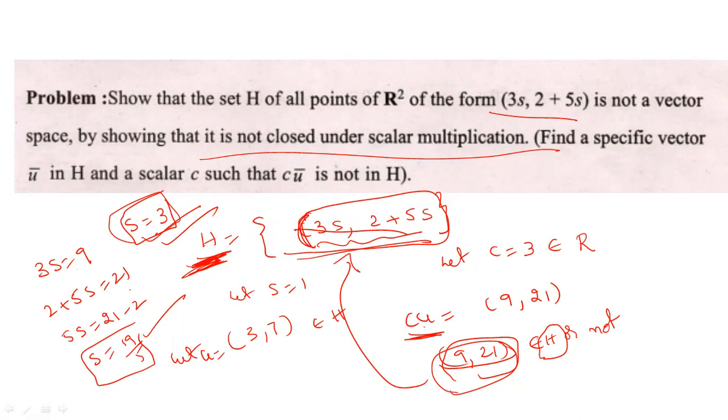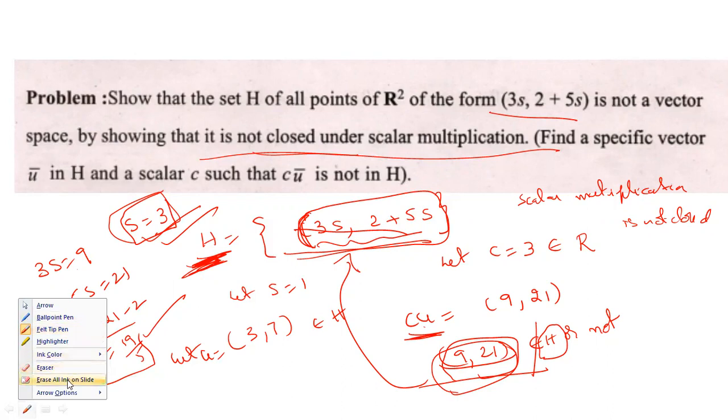So this is not possible, and (9, 21) does not belong to H. This means scalar multiplication is not closed. Therefore, H is not a vector space. A vector space means the scalar multiplication should be closed. If one property is not satisfied, then it is not a vector space.